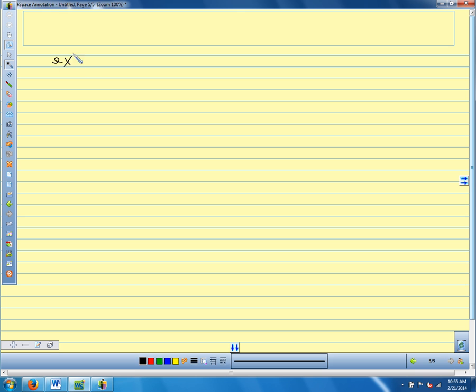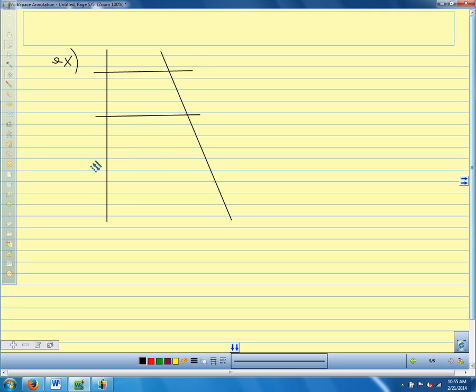All right. So we have this situation, and I don't want arrows. Get rid of those. And we're going to say that these segments are parallel. The arrows tell us that they're parallel.